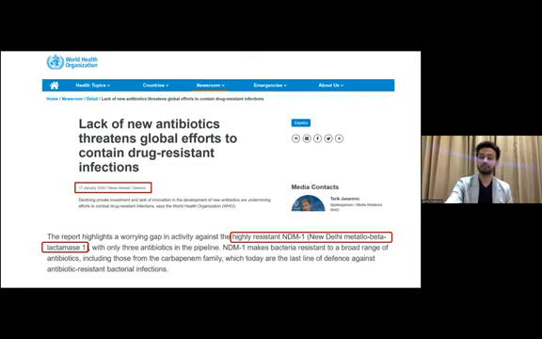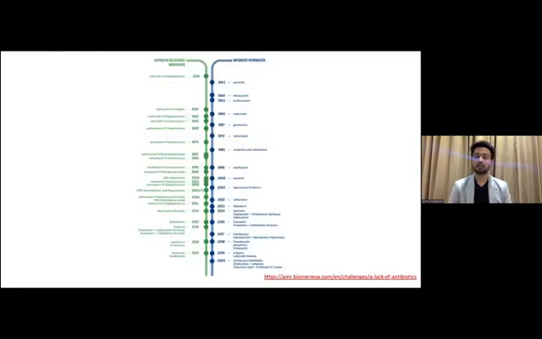The classical example was the highly resistant NDM strains. So when we look into the left side of the panel, we can see the development of antibiotic resistance is quite fast, while on the right-hand side, we can see the newer antibiotics being introduced in the pipeline, which is very slow. There is a discordance between the introduction of a newer antibiotic versus the development of drug resistance.